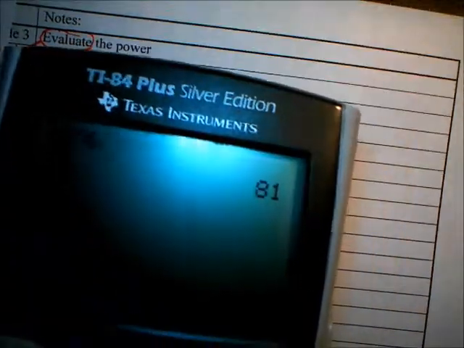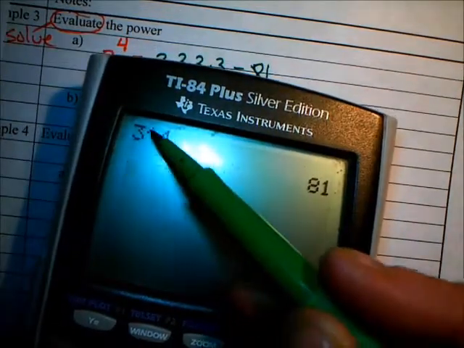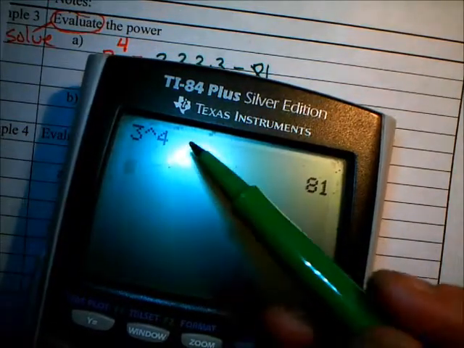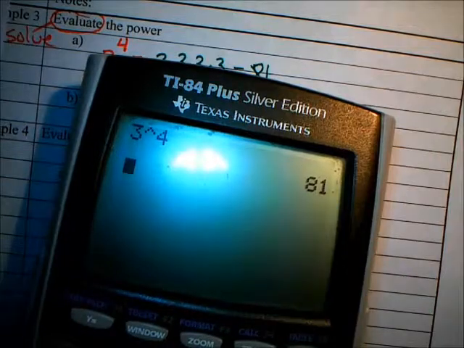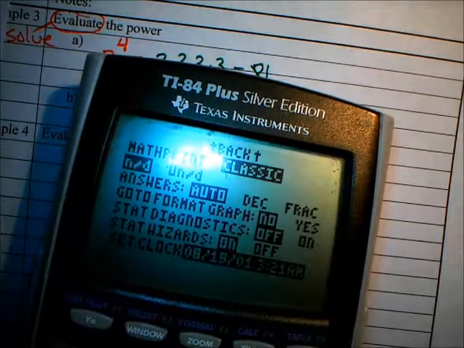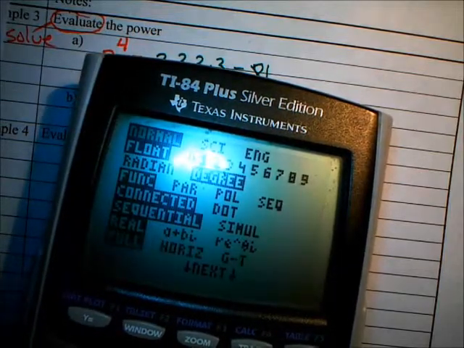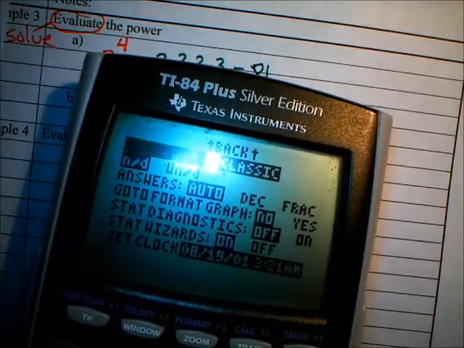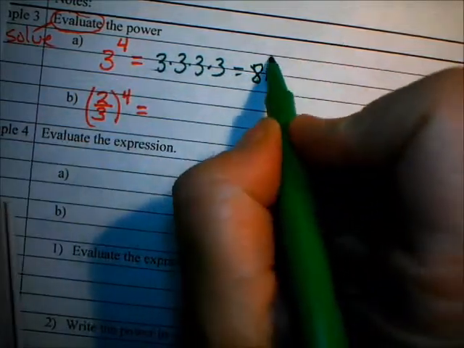So it depends on what type of calculator you have as to whether it has a little caret in this fashion with a 4, or it looked the way I had to start out with. Okay, and there's my answer, 81.